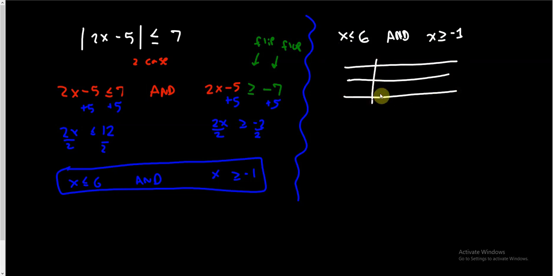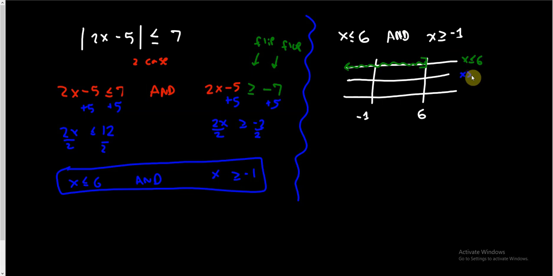I do it with the three-line method we did just last lesson, so this is a great review. The top two lines are just to graph each inequality. So x is less than or equal to 6. Find 6 on this line, less than or equal to 6. Got it.